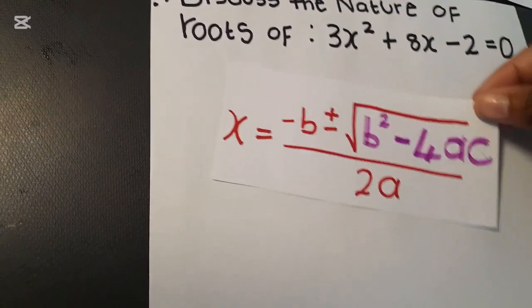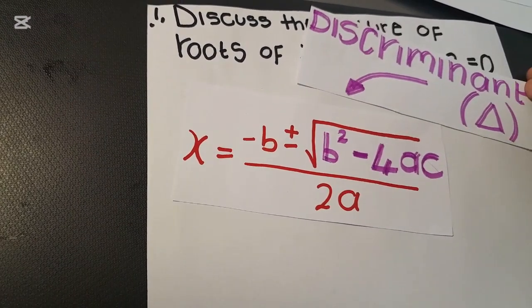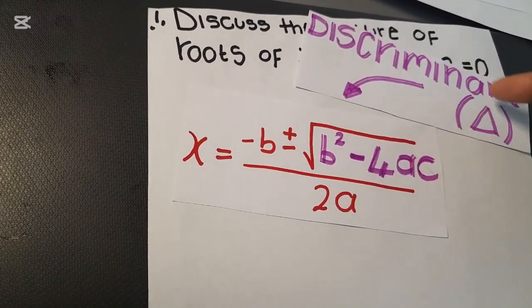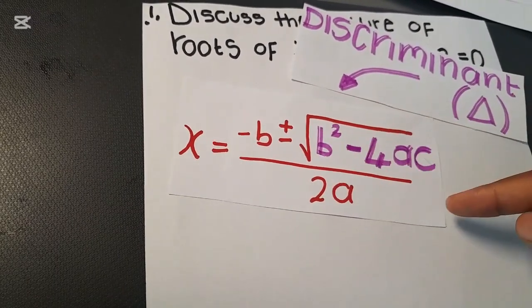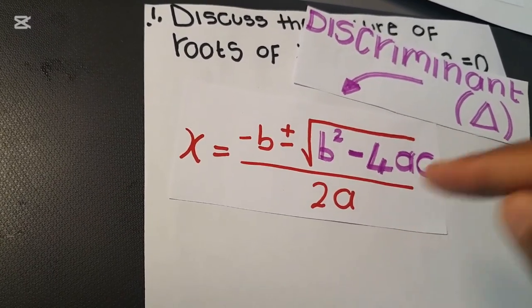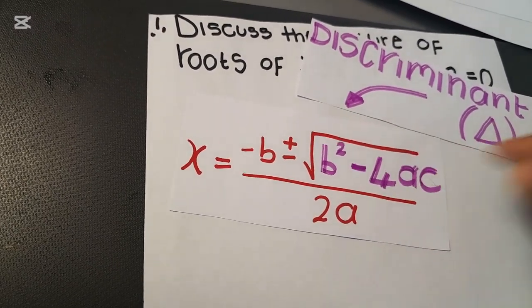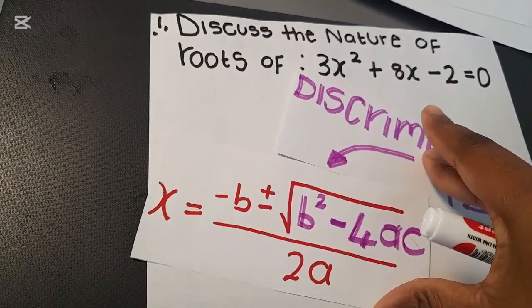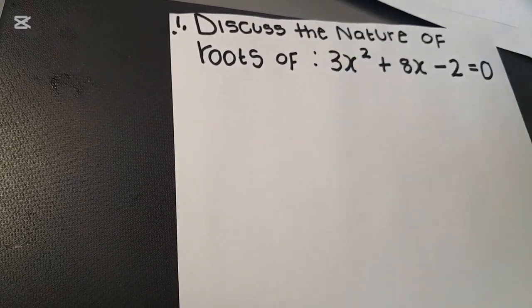There's a way that you can use. You remember that I presented this to you, right? So we're going to use the discriminant to determine our roots so that we can discuss the nature of roots of this particular equation. So without wasting time, let's get to it.